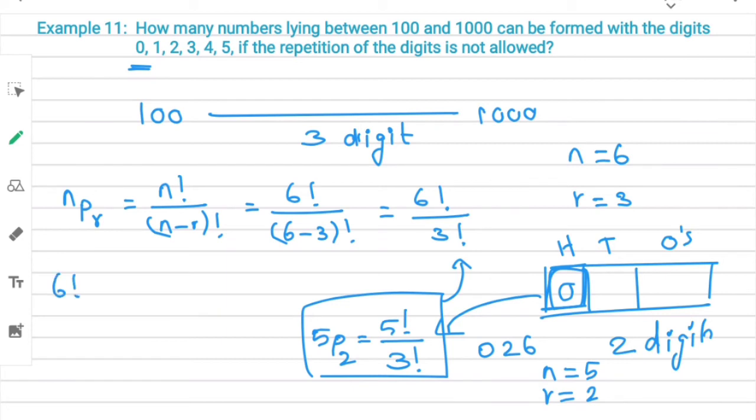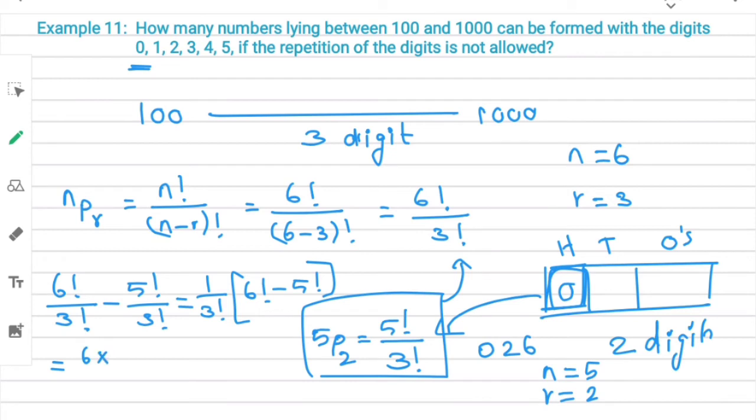Therefore 6 factorial by 3 factorial minus 5 factorial by 3 factorial. In these two, the denominator is the same, right? So I can take 1 by 3 factorial as a common term. Then the remaining is 6 factorial minus 5 factorial. Now I can write 6 factorial as 6 into 5 factorial minus 5 factorial, whole divided by 3 factorial.